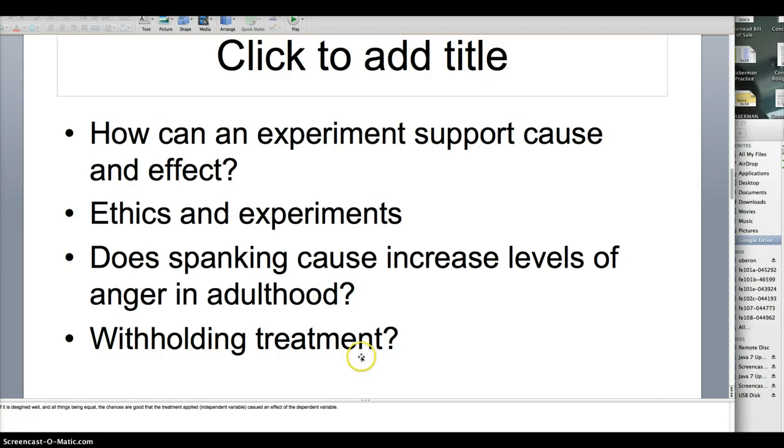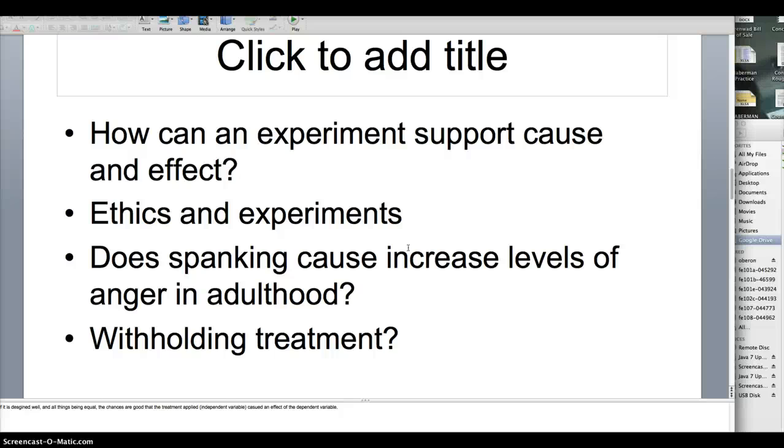We talked a little bit in correlation studies about cause and effect. If we really want to know whether or not one independent variable caused the effect on a dependent variable, then the only way that we can really do that is an experiment. And think about it in terms of medicine.